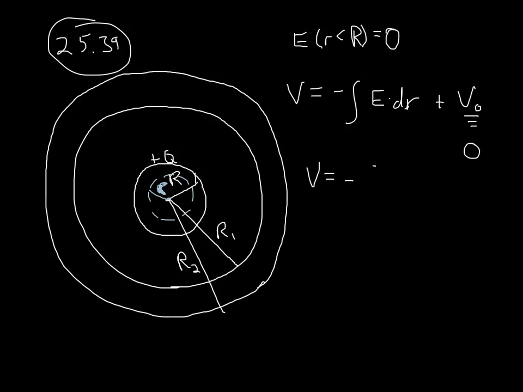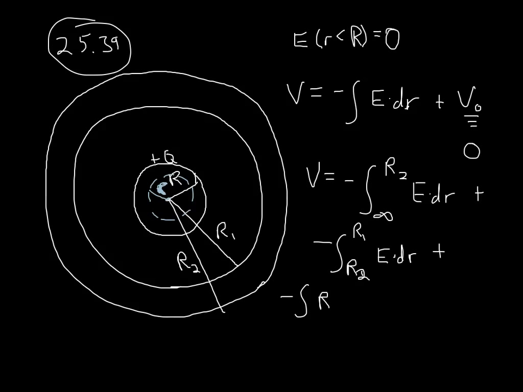So my V is going to be equal to the negative integral from infinity to the first surface that I reach, r2, of E dot dr, plus the negative integral from r2 to r1 of E dot dr, plus the negative integral from r1, this inner shell, all the way into this radius R of E dot dr, plus the negative integral from my total big radius of my inner sphere all the way in to my little Gaussian surface r of E dot dr.